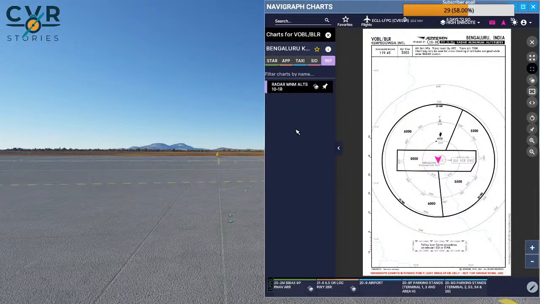Say, for example, in Bangalore, when you depart, you automatically change from tower to approach. That information is given in these charts where it tells you. So for someone who's coming into Bangalore for the first time, they will read through these charts and understand what the procedures are over here, which are specific to this airfield.